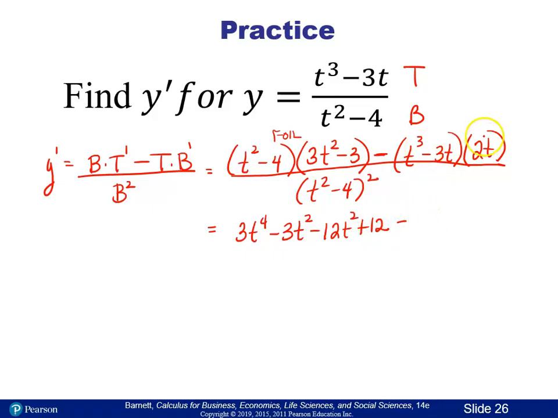And then over here we're going to distribute. So minus 2t to the 4th, and then plus 6t squared. And it's a plus because I've got one negative here and another negative here, so the two combine together to give me a plus 6t squared. All that is over this denominator squared.